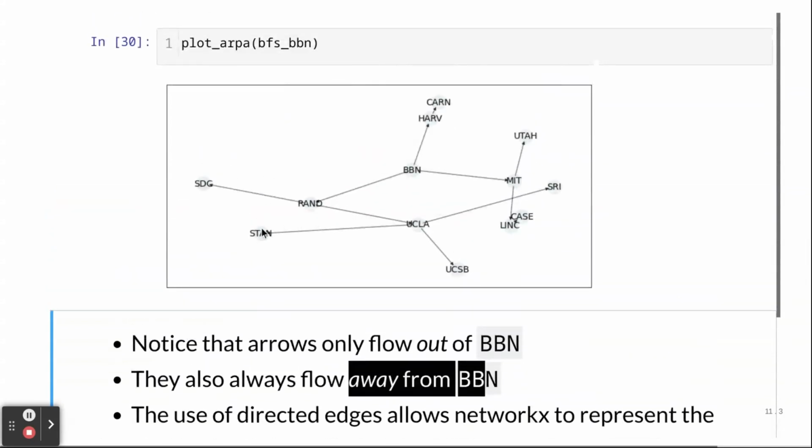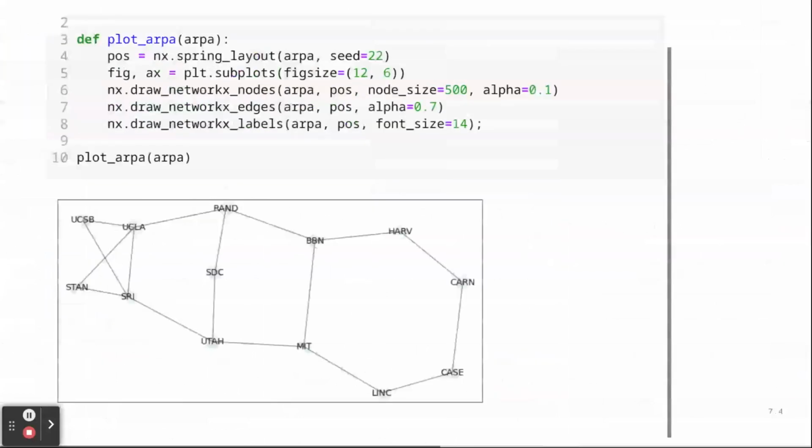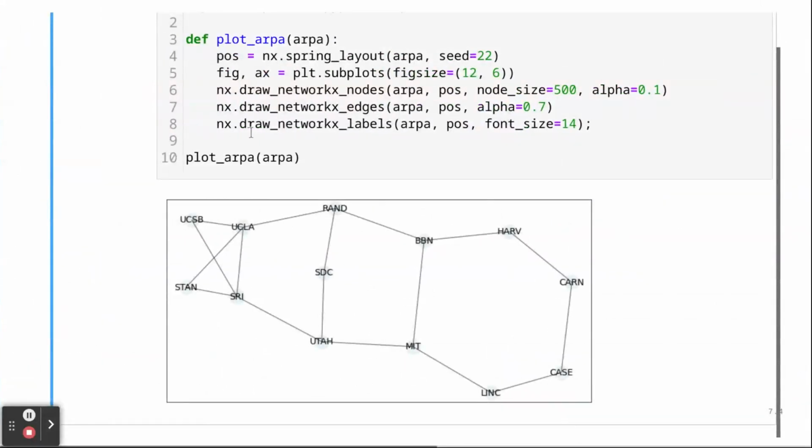Let's consider Stanford. In order to get to Stanford, there's only one possible path in this directed graph that leads to Stanford. It is RAND, UCLA, Stanford. If we look back at the full ARPANET and we wanted to go from BBN to Stanford, we'll see, starting over here at BBN, there are many different paths that get us there.